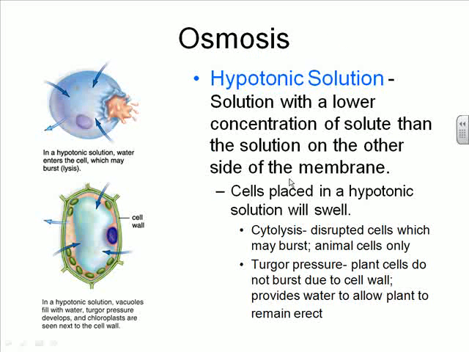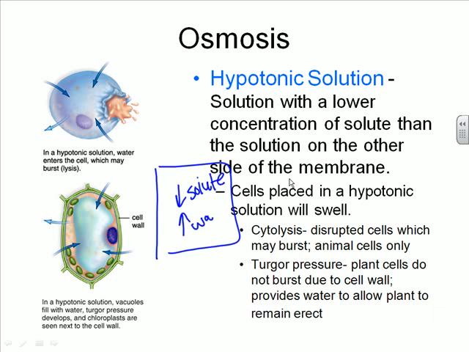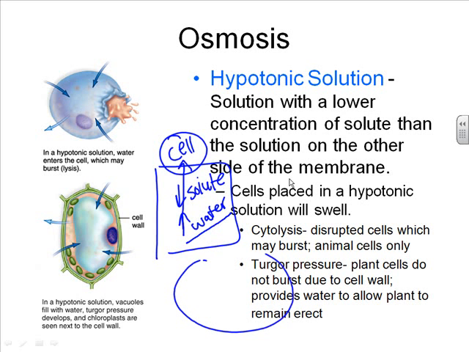What you're going to see in a hypotonic solution is that when a cell is placed into this type of solution, where there is a low amount of solute and a high amount of water, because there's a high volume of water, water is going to move into my cell. When water moves into my cell, it is going to get bigger and swell up.